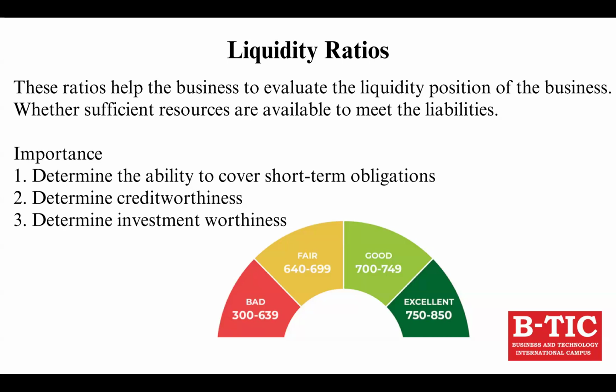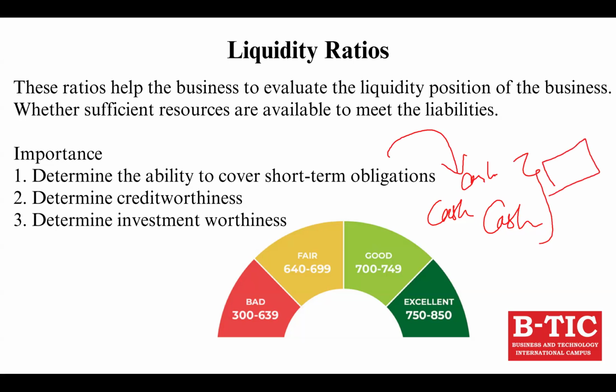You may ask me, why do we need to do that? Because we need cash to run the daily operational activities. If you run out of cash, what happens? You're unable to meet the obligations. When you don't have enough cash in the business, and you're unable to convert your resources into cash immediately, you still have certain obligations to meet.